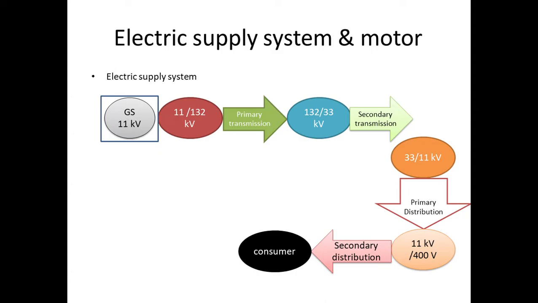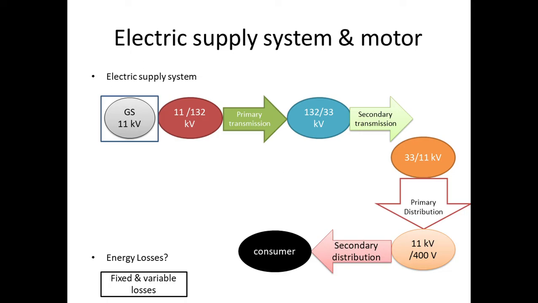There are two types of losses in the electricity supply system. First one is fixed losses and second one is variable losses. Fixed losses take place in the form of noise. If electricity is supplied, then some sort of noise is generated. This noise generation causes a loss of electricity, and in a similar manner there is loss in terms of heat.